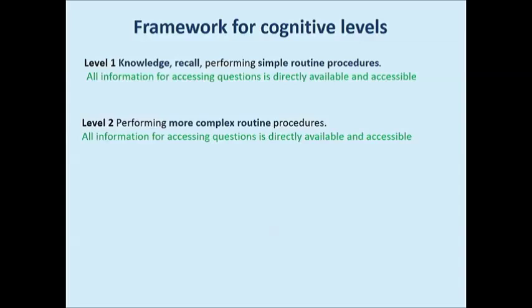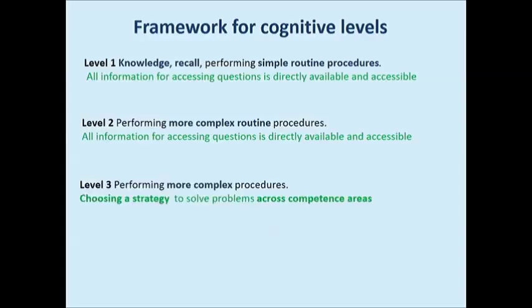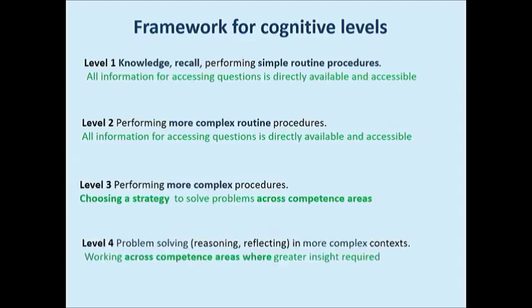Level 2, more complex but still routine procedures. And level 3 will be more complex procedures, choosing a particular strategy and solving across many competence areas. Level 4 then is problem solving, working across competence areas where greater insight is then required.